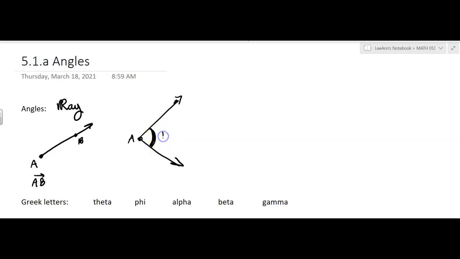Sometimes they'll give it a number like 1, or sometimes they will put more points on the rays, and so they might label that angle, and then that's the symbol for angle, BAC. That would be one way you could label it. Okay? And so that's what an angle is. You're talking about the distance then from one ray to the other, I guess.